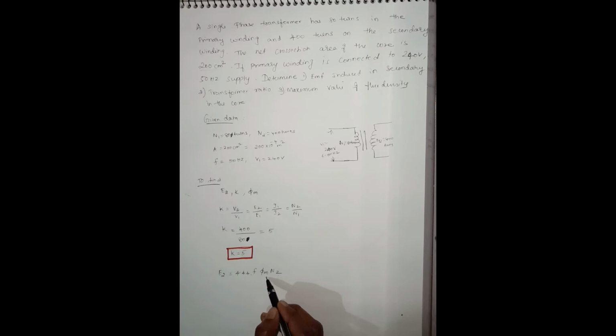Phi m is not there, and you have to find phi m, so there are two unknown terms. Therefore, it is not possible to find E2 this way. Then how to find E2? Using the transformation ratio, we can find it.